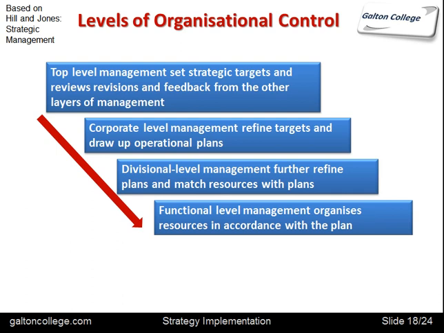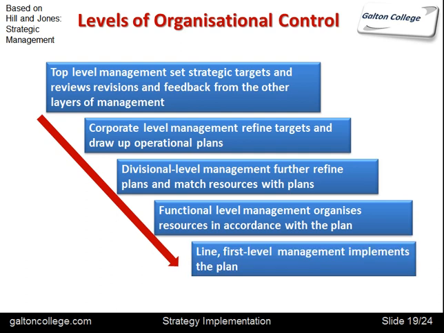And functional level management organizes resources in accordance with the plan. So the functional level management, the management that's close to the production end, they must ensure that the resources are there to enable the production to take place.